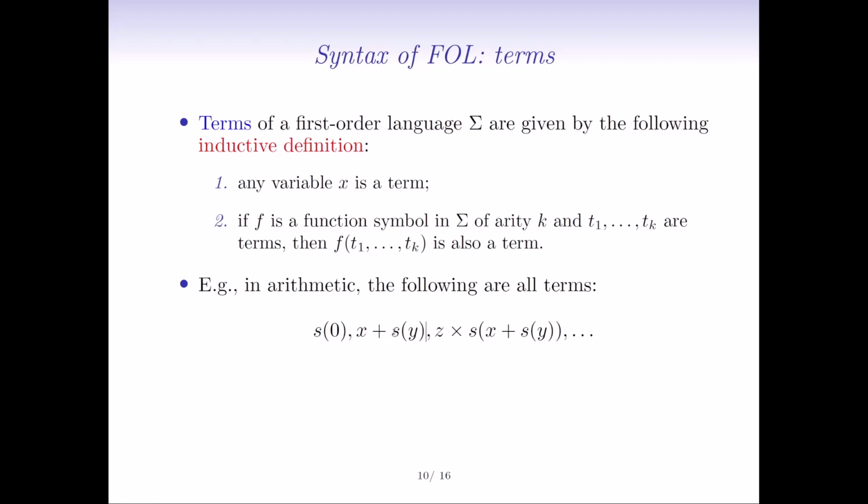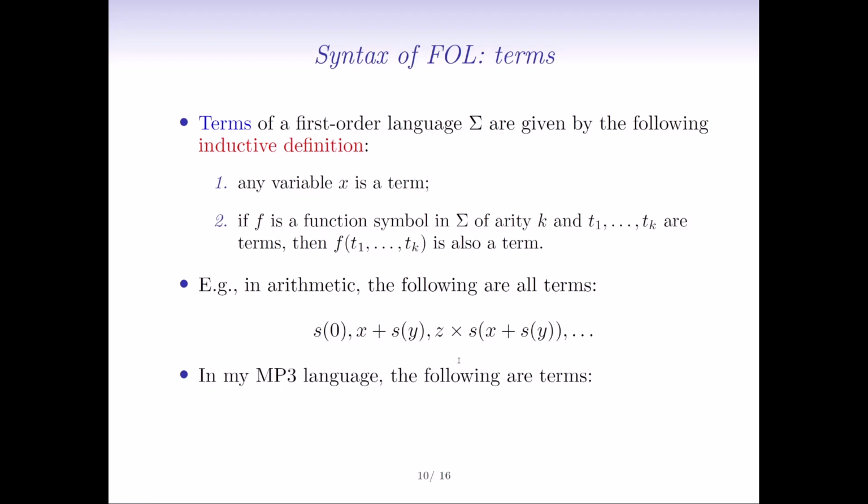So successor of y is a term, x is a term, and z times the successor of x plus the successor of y. So in other words, you can apply functions to constants and variables in the expected way, and you can nest functions. All you have to do is make sure that you're respecting the arities of the functions. So functions have to be applied to the correct number of arguments. But apart from that, you're all good.